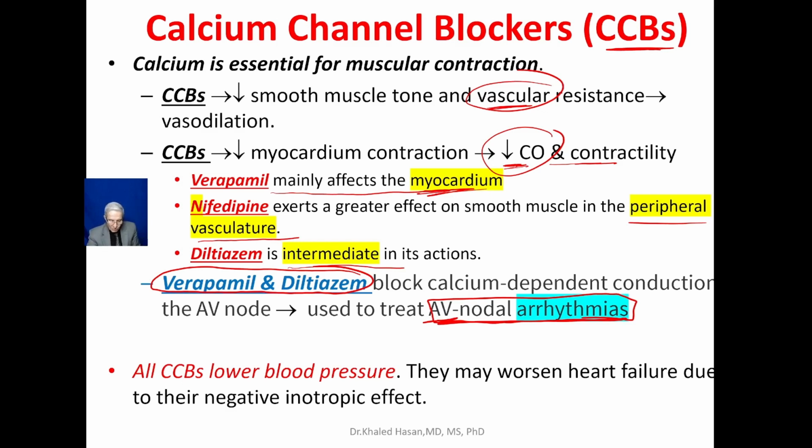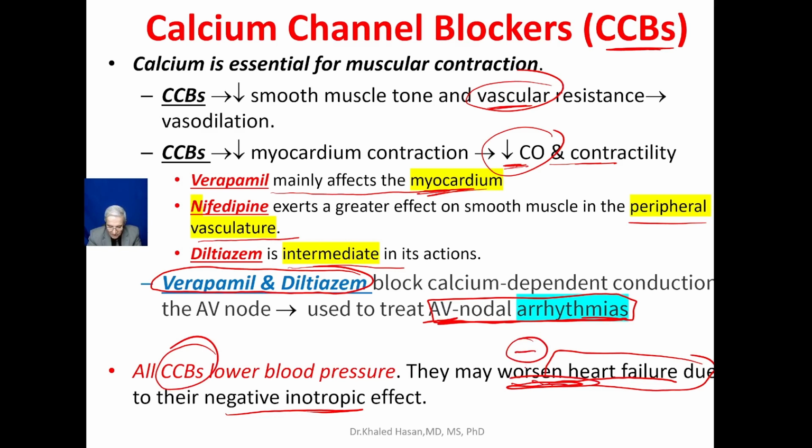All CCB, all calcium channel blockers, lower blood pressure, but they worsen heart failure. So we don't prefer to use CCB in patients with heart failure. This is a very important concept. CCB is considered a contraindication in patients with heart failure because CCB negatively affects the heart, inhibits heart function, decreases contractility, and decreases cardiac output.